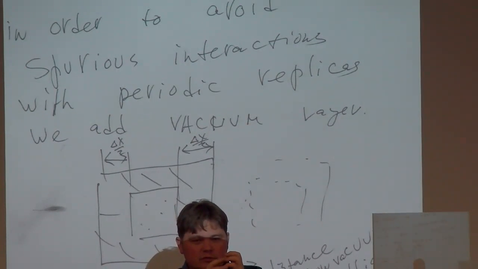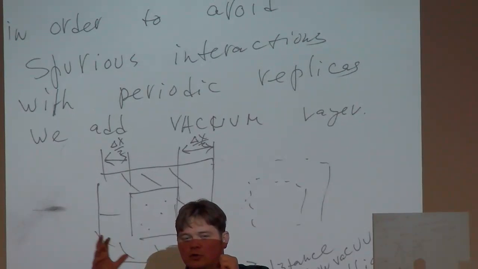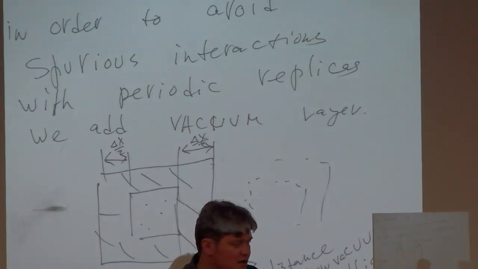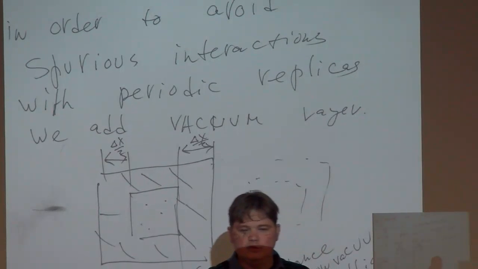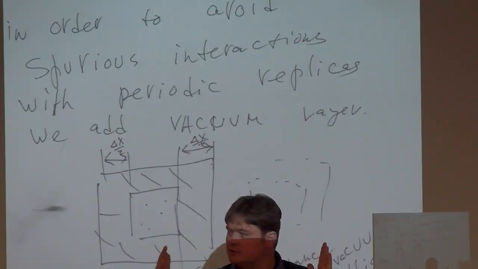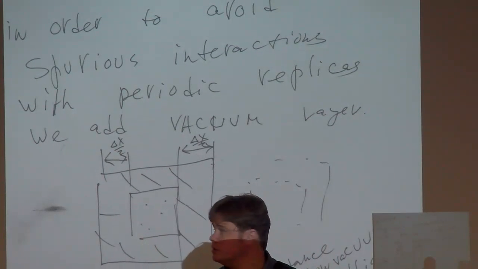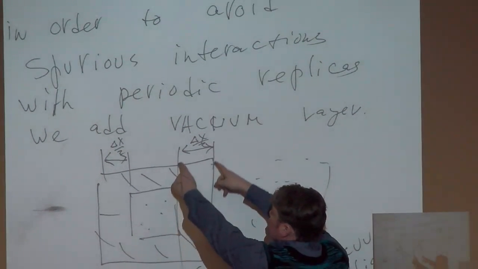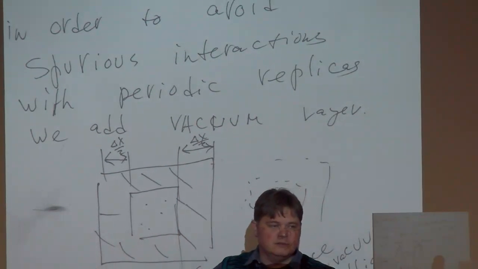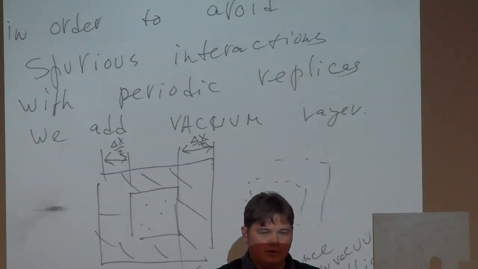If you have a molecule, next door it will be a copy of this molecule. Next door will be another copy of this molecule. Infinite number of copies to each side. And so you do not have infinite space around. You have a fixed space until the door, until the end of the box. And you need to specifically tell how much vacuum you have until the next periodic image.